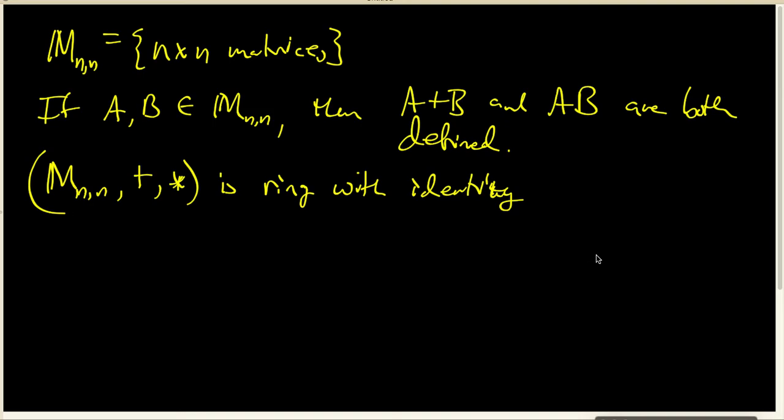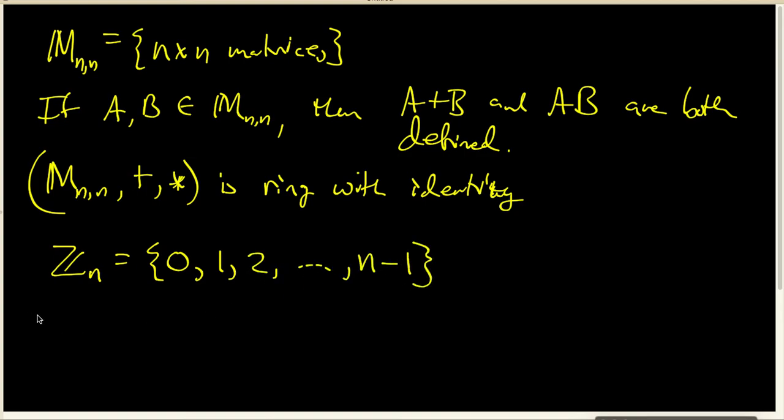There's one more that I want to introduce, as a reminder that you may have seen it. If we look at what is often called Zn, the set of integers between 0 and n minus 1, we can define modular arithmetic on this particular set.